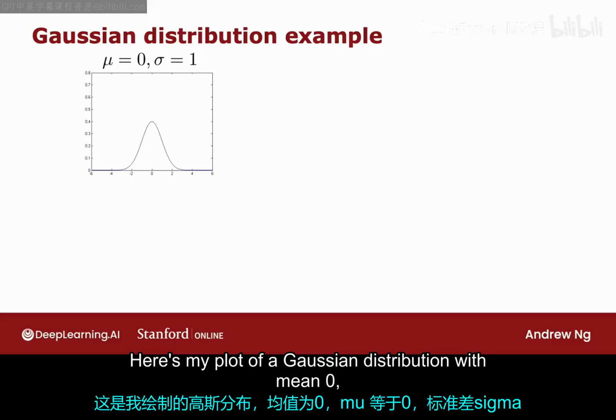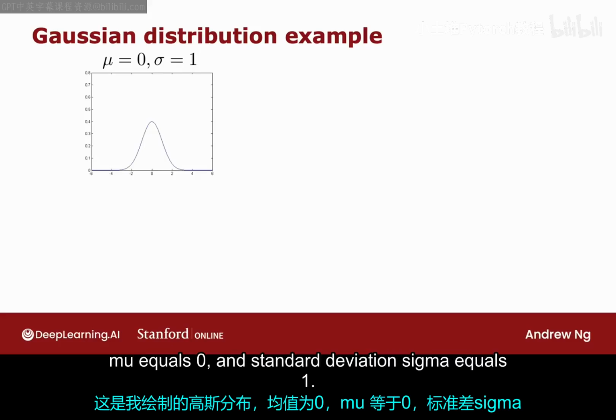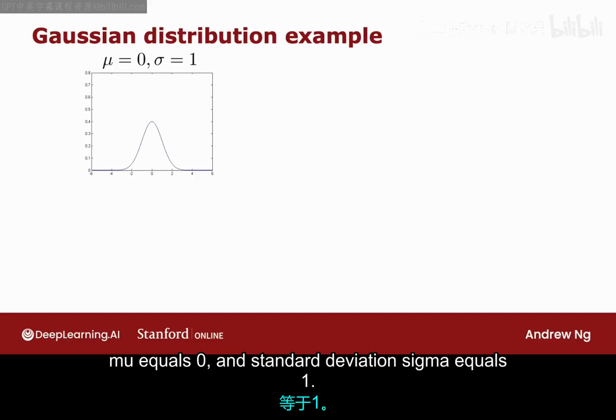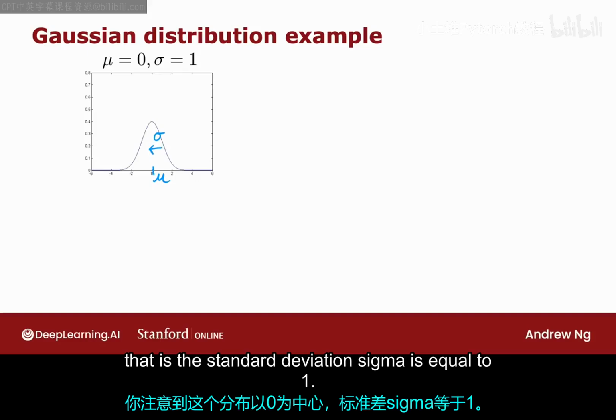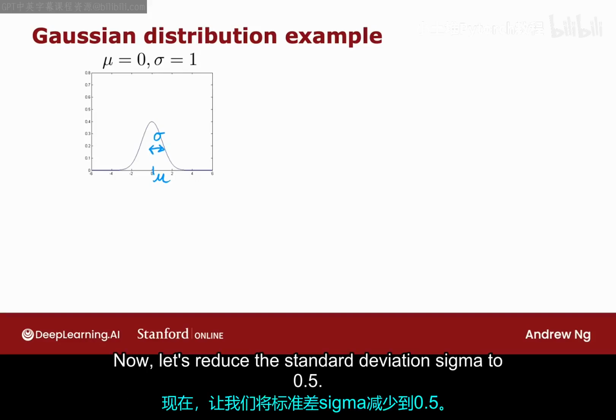Here's my plot of the Gaussian distribution with mean 0, mu equals 0, and standard deviation sigma equals 1. You notice that this distribution is centered at 0, and that is the standard deviation sigma is equal to 1. Now, let's reduce the standard deviation sigma to 0.5.